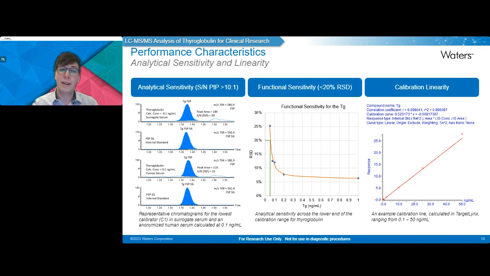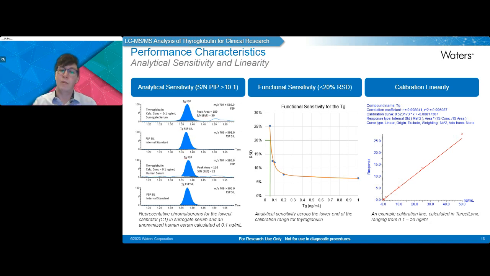In the middle, we have some functional or analytical sensitivity experiments around the lower end of the range, looking at how reproducible it is. What we can determine is that down towards 0.08 nanograms per mil, we do have reproducibility.